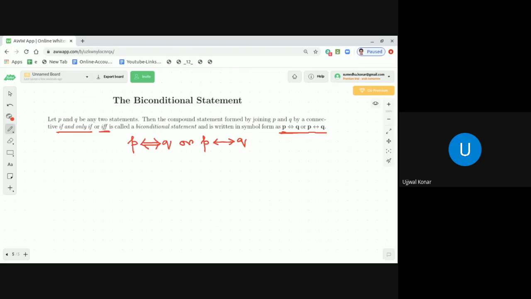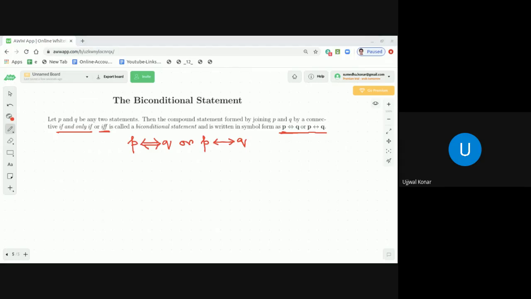Then the compound statement formed by joining P and Q by the connective "if and only if", or IFF, is called a biconditional statement and is written in symbolic form as P implying Q or implied by Q, or P double arrow Q.